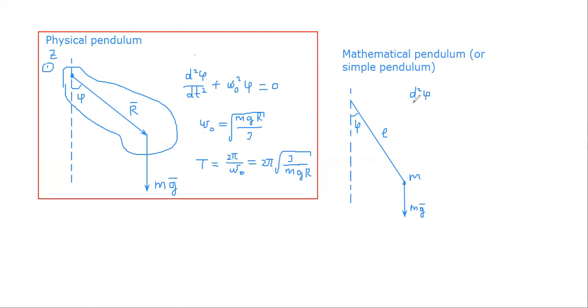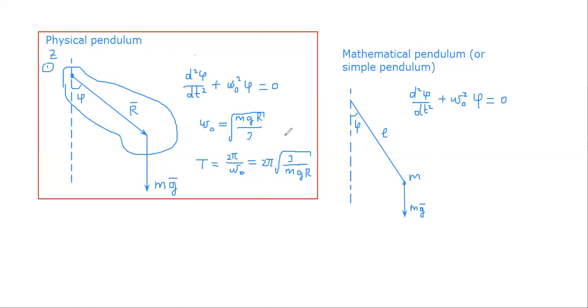d2 phi by dt2 plus omega 0 to the power of 2 phi equal to 0.